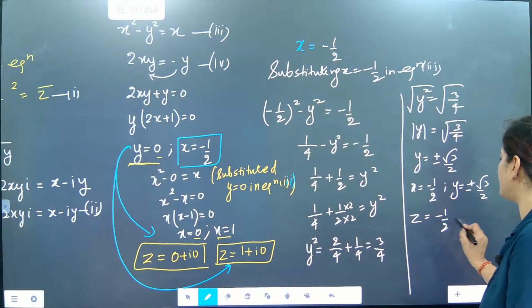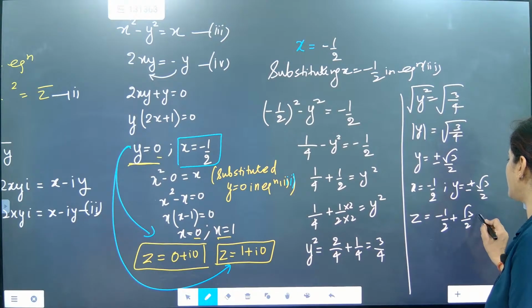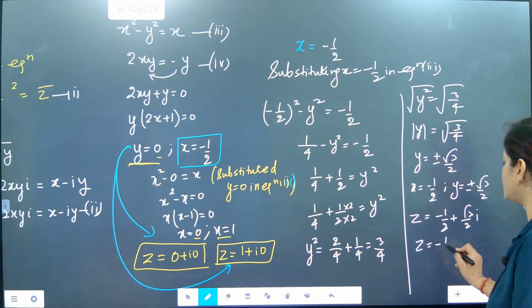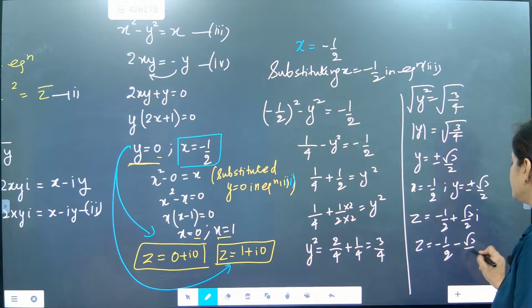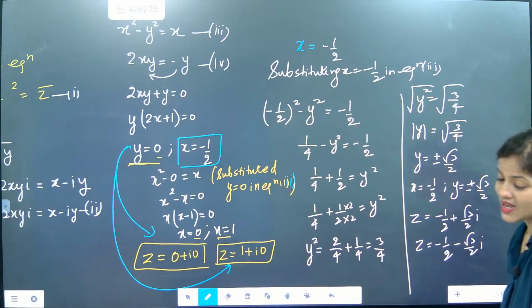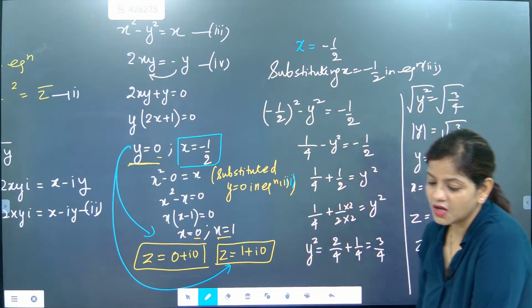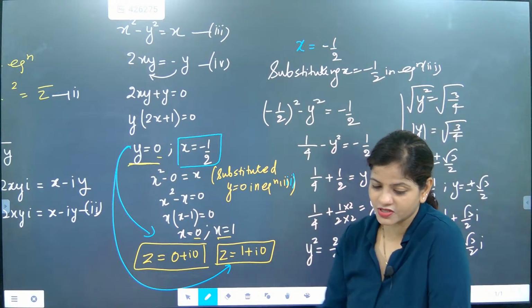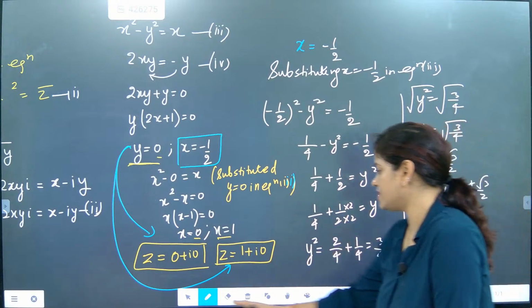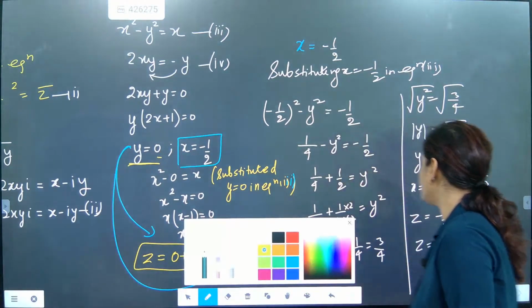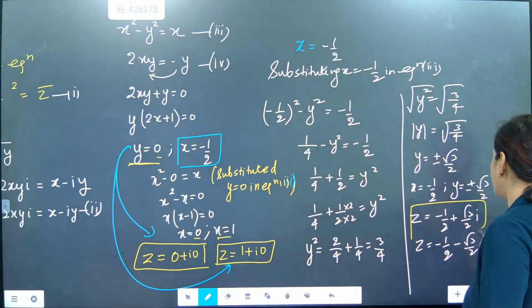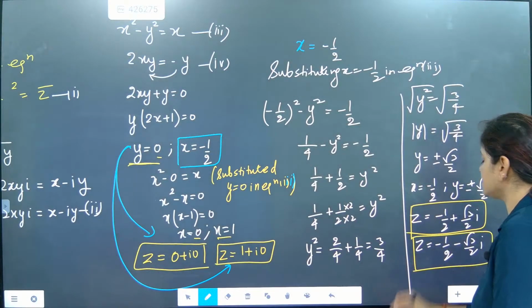Z is equal to minus 1 by 2 plus root 3 by 2i, and z is equal to minus 1 by 2 minus root 3 by 2i. So exactly how many complex numbers did we get? Exactly with that same question, we got four complex numbers. Check here. Again, another complex numbers we got: this can be a result or this can be a result.